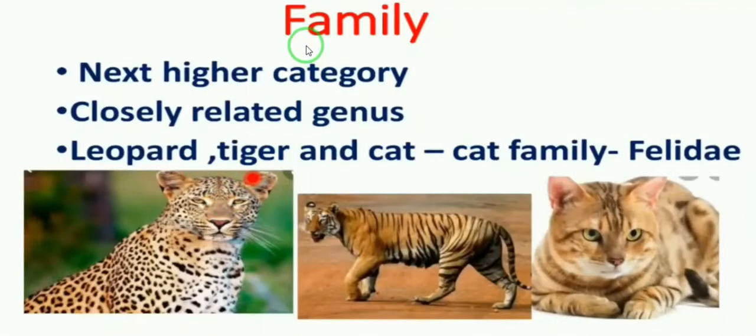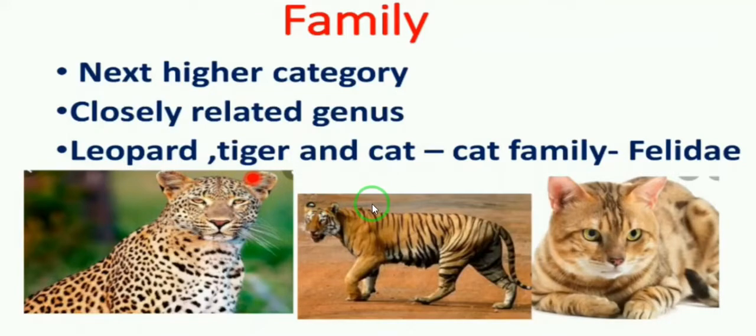The next one is family. Family is the next higher category. A group of genera with several common characters form a family. For example, leopard, tiger and cat.